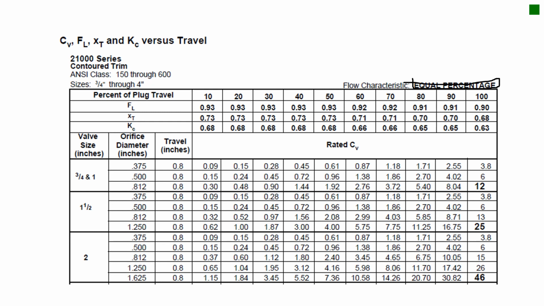I chose a 2-inch valve with a 1.625 orifice diameter, and it had a maximum CV of 46 at 100% opening. Now I'm going to plot the value of percent of plug travel as a function of CV on the next curve.